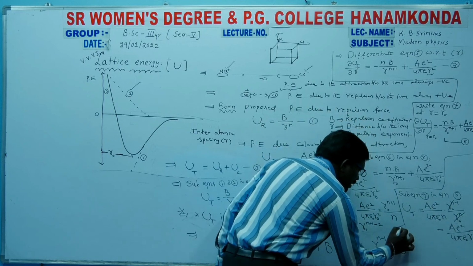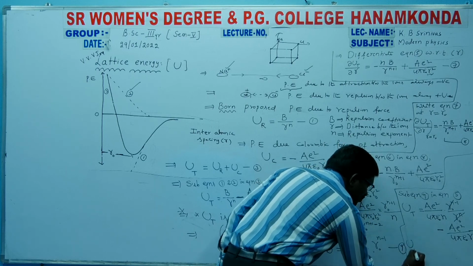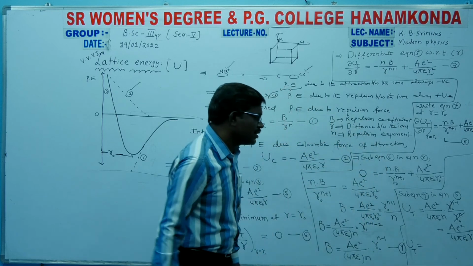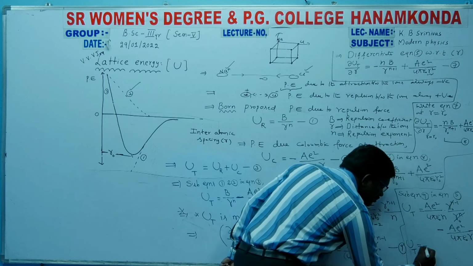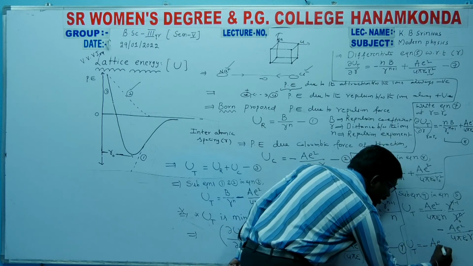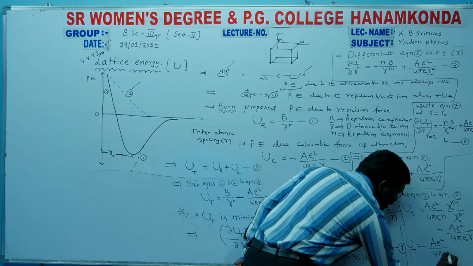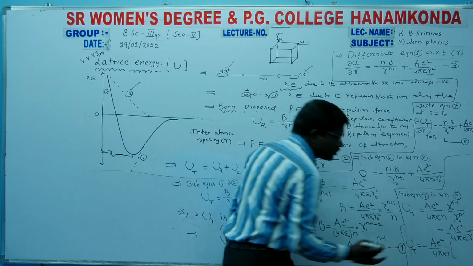Simultaneously, here I am taking this second term as common. So the final expression, that is the total lattice energy of the given crystal, I am taking this term as common. That is minus AE square by 4 pi epsilon naught into small r naught. This total term I have taken as common term.